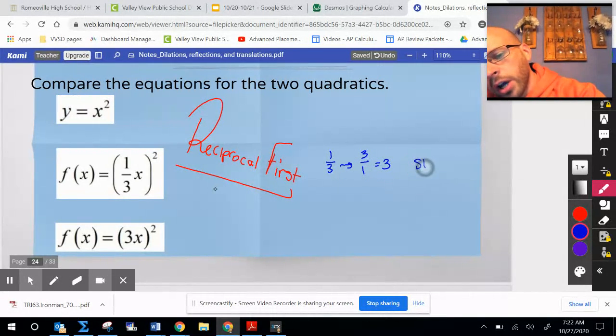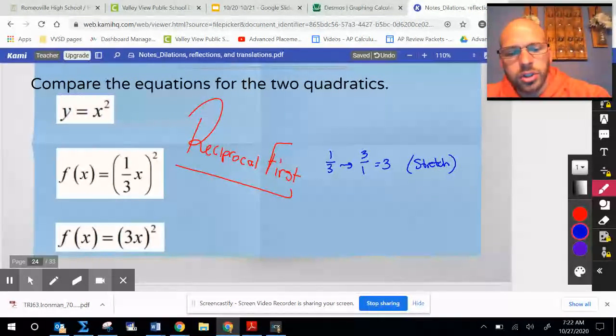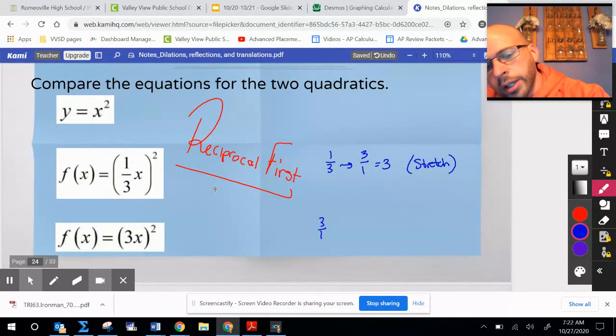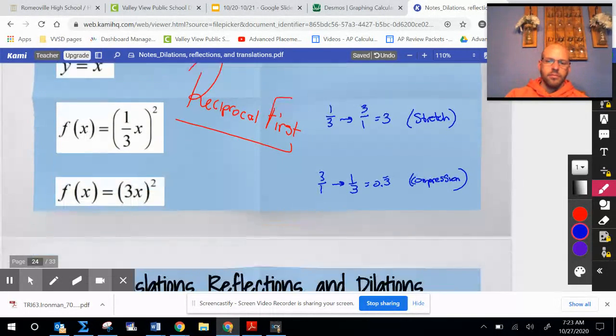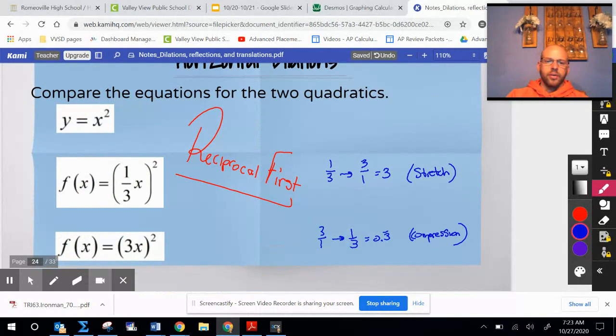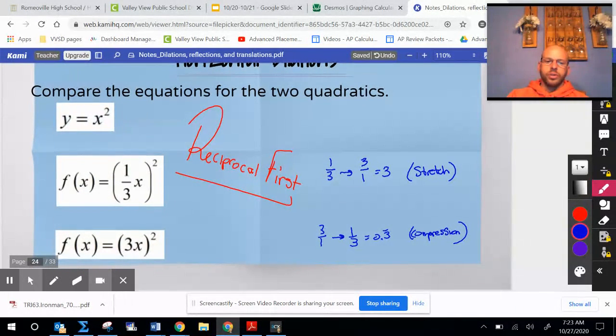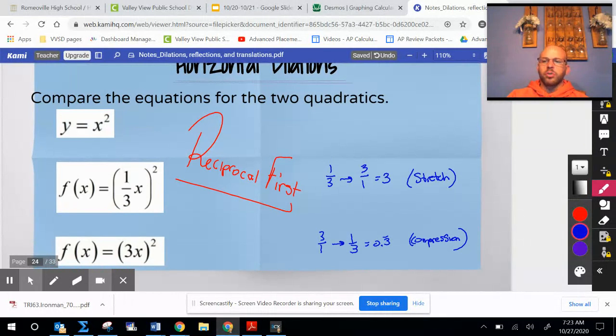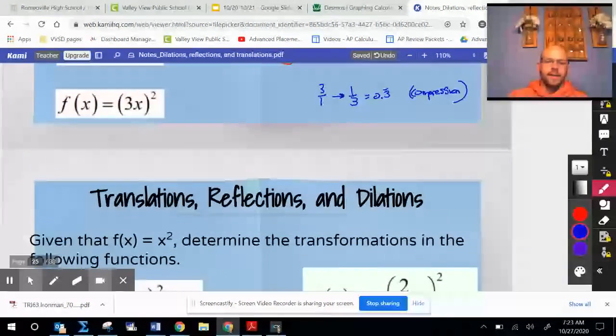Since that's bigger than 1, that's a stretch. Anything bigger than 1 is a stretch. So 3/1 turns into 1/3, or 0.3. That's smaller than 1. That is a compression. All right, so just kind of a review. So always do the reciprocal first when dealing with a multiplier on the inside.